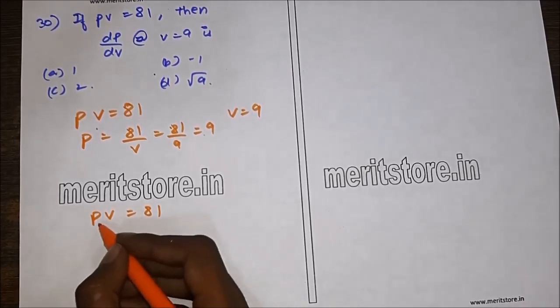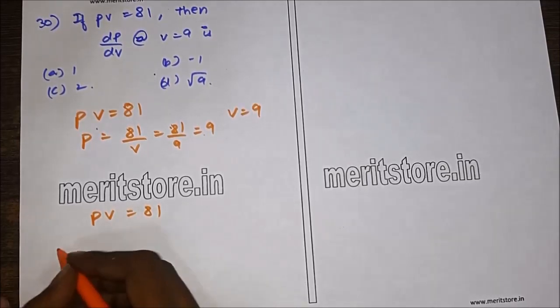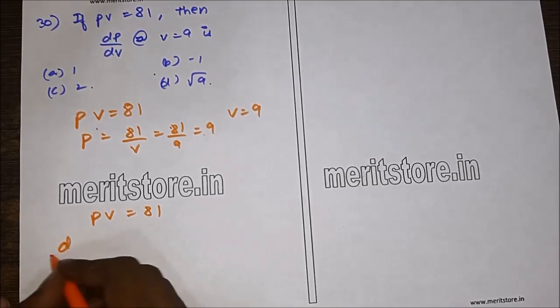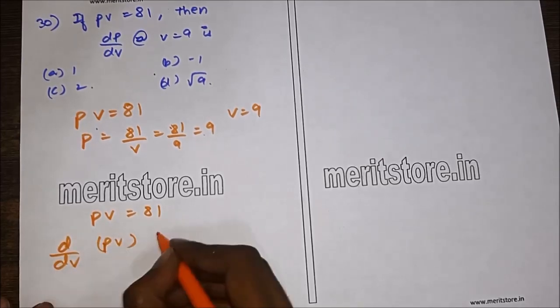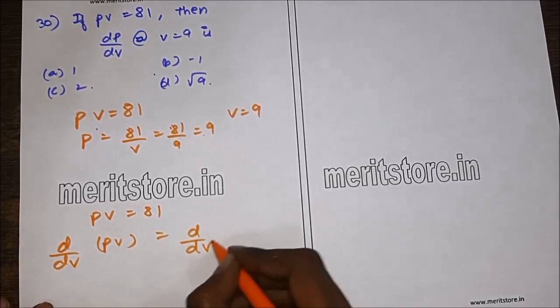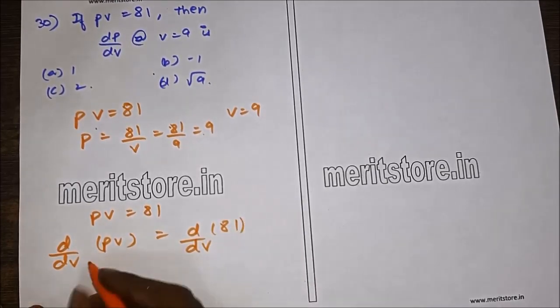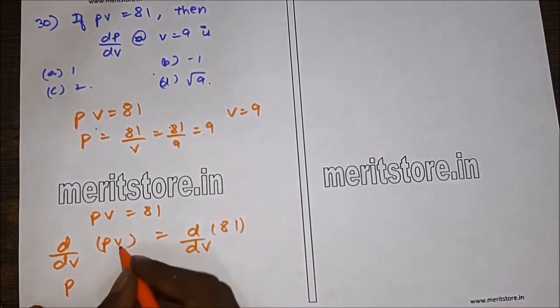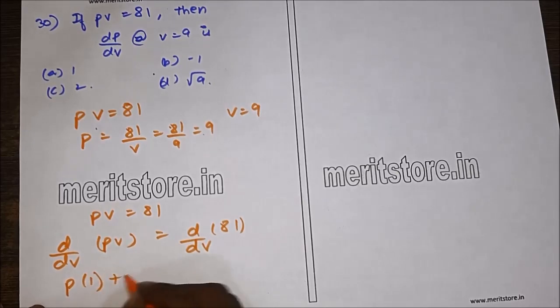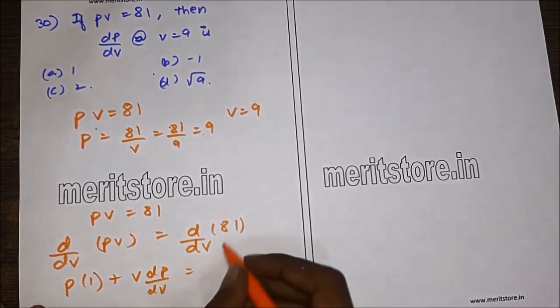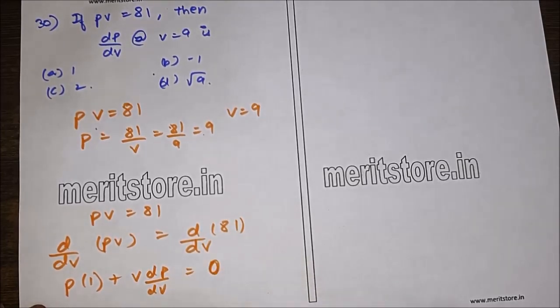So this is in the form of u into v. So we can write this as d by dv of p into v equals d by dv of 81. So this is p into the derivative of v, that is 1, plus v into the derivative of p, that is dp by dv. And 81 is a constant, so this is 0.